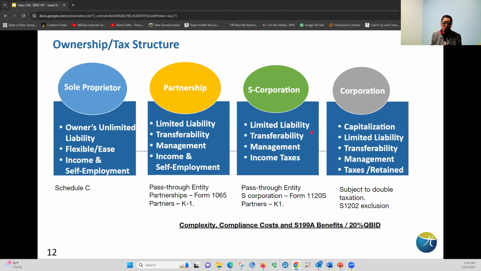When I want to take a distribution out of the business, I can take $5,000 out of the business without any consequences. Once I exceed the initial amount that I invested in the business, then I have to have something else in the business for it to be a distribution. Everything else that I take out of the business is no longer a distribution.